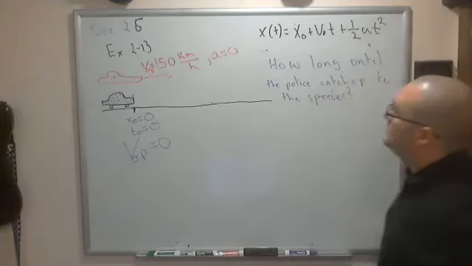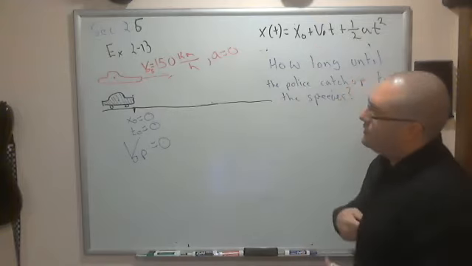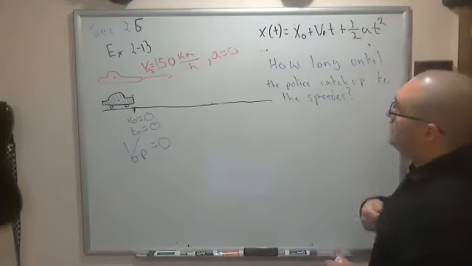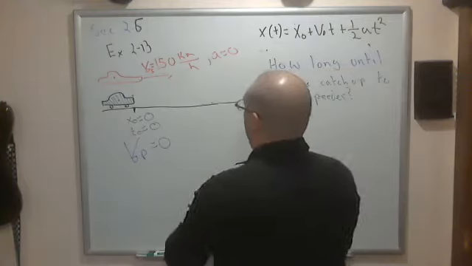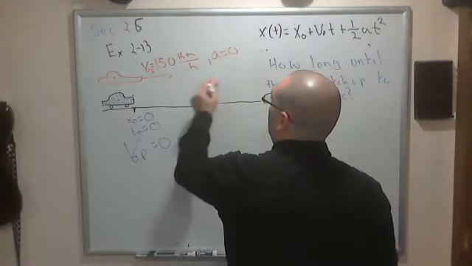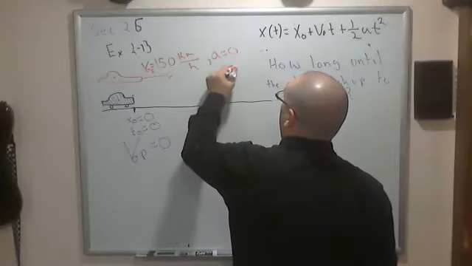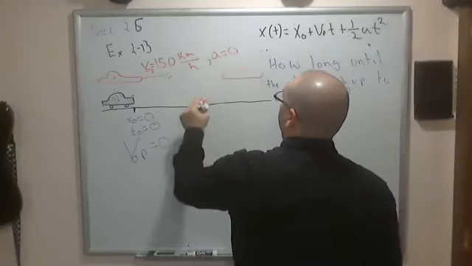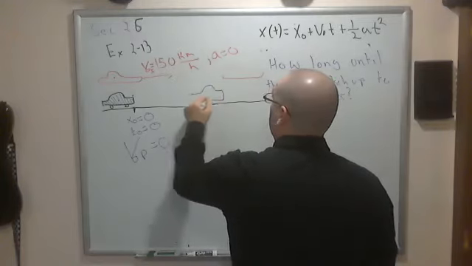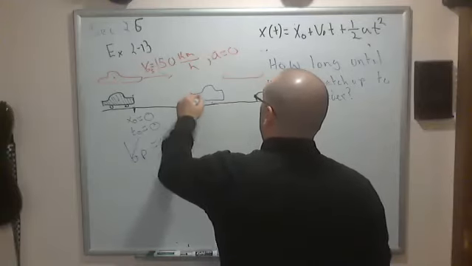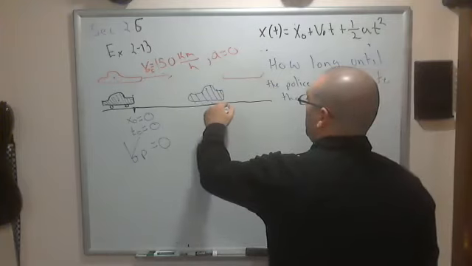So let's figure out some things. Let's see what we have and what we don't have and what we need. So first, we'll have 2 equations of motion. Well, let me finish the drawing. And then, until a time t when this occurs.